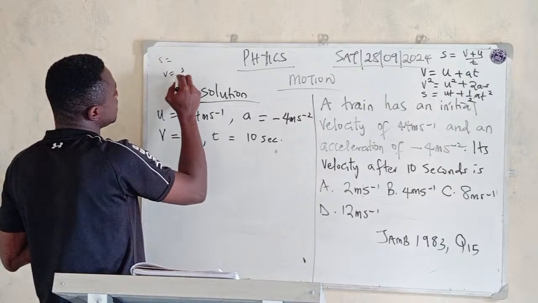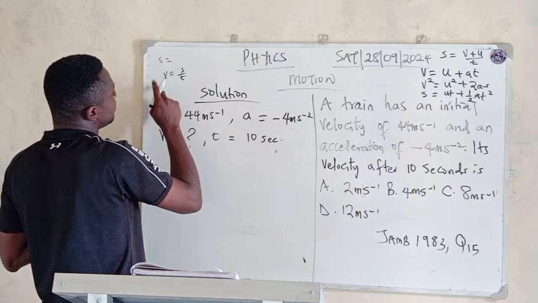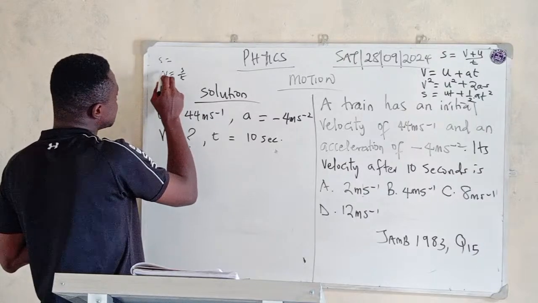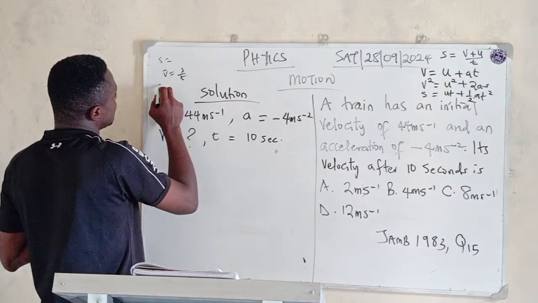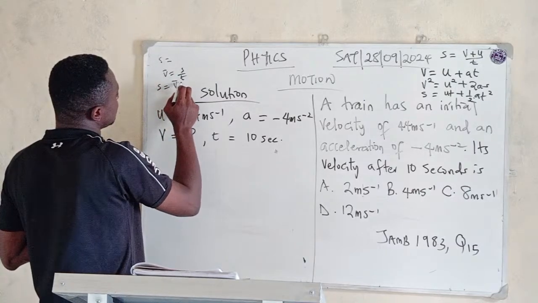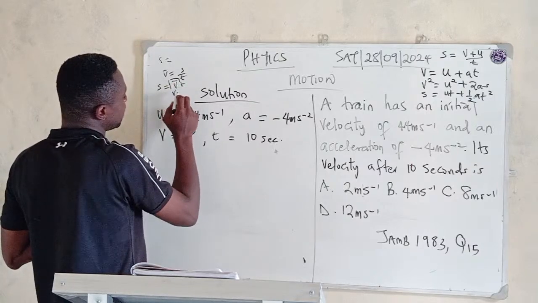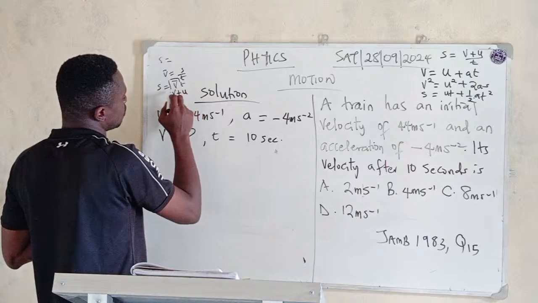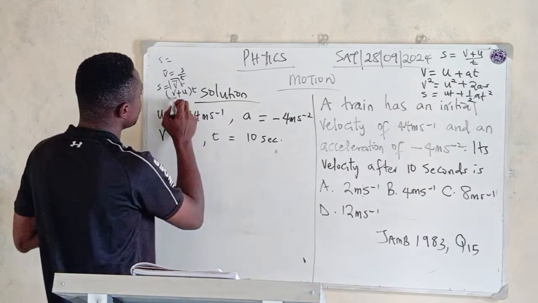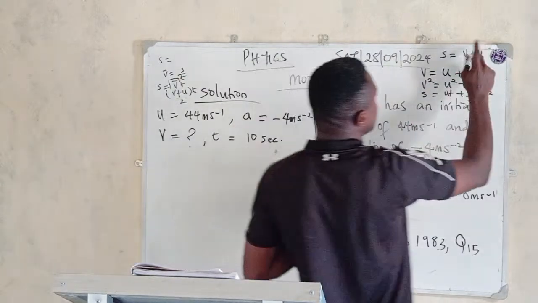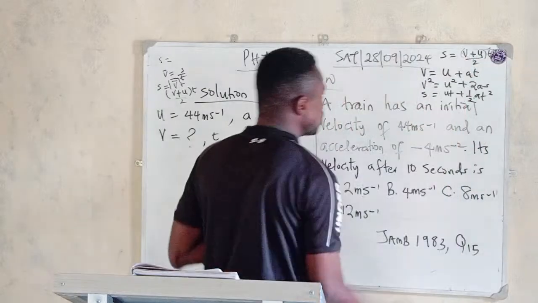Because velocity is equal to distance over time, this is average velocity or average speed, sorry. So this is equal to Vt, and average velocity is equal to v plus u times t over 2. So these are the equations of motion.